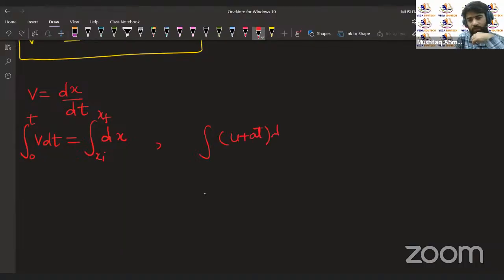We integrate with respect to time, so the integration of dx will be x, so it will be x final minus x initial, and we can write it as the displacement, the final position vector minus the initial position vector. Integrating it, it will be ut plus half at square.